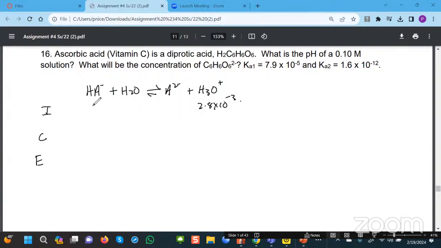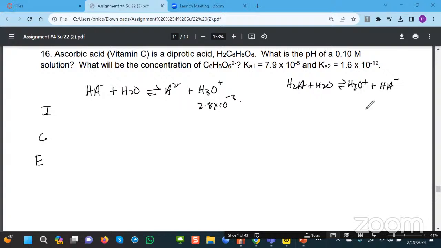Yeah. And now, in the case of the first dissociation, let me write it down here. The first dissociation was H2A plus water to give you H3O plus and HA minus.